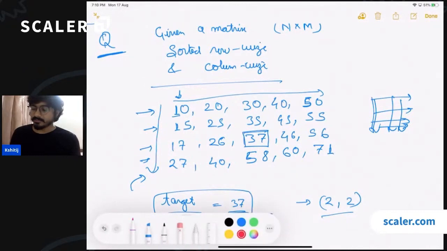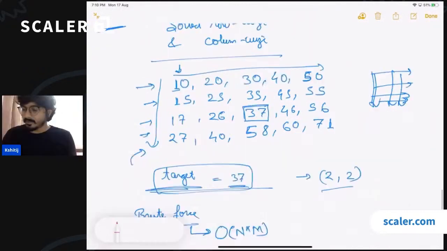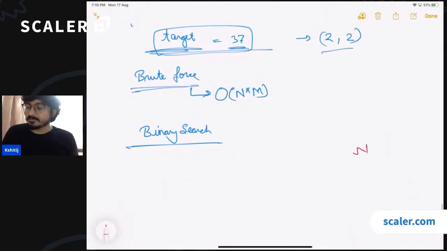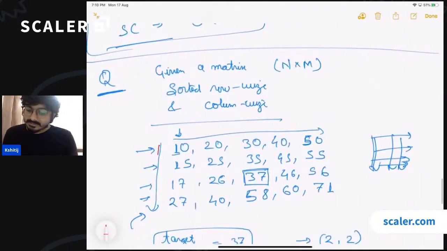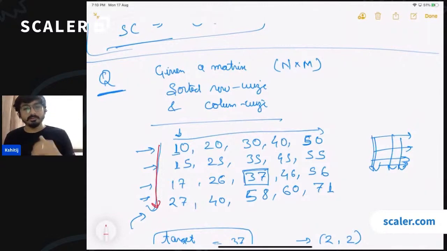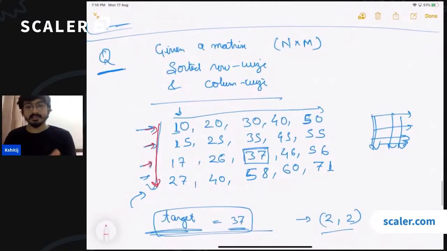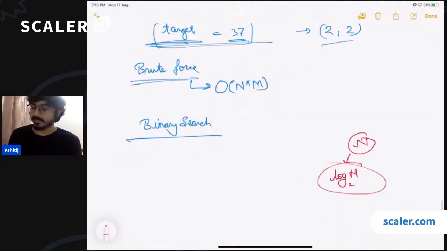What is the time complexity of doing binary search on an array of size n? If you are running binary search on an array of size n, the time complexity is log n, right? And if you are doing binary search in all the rows, how many rows are there? So in this case, we have n rows and the size of each row is m, right?